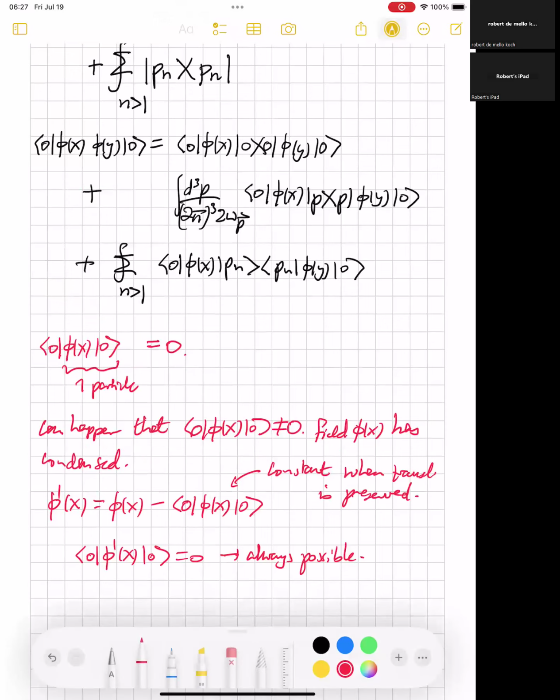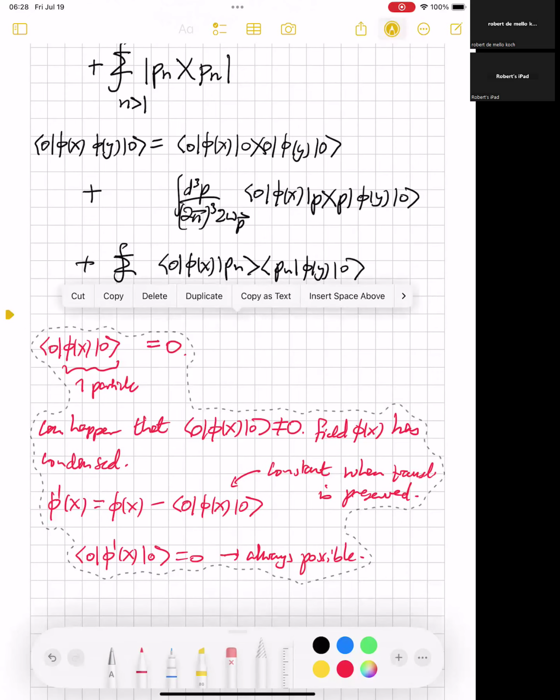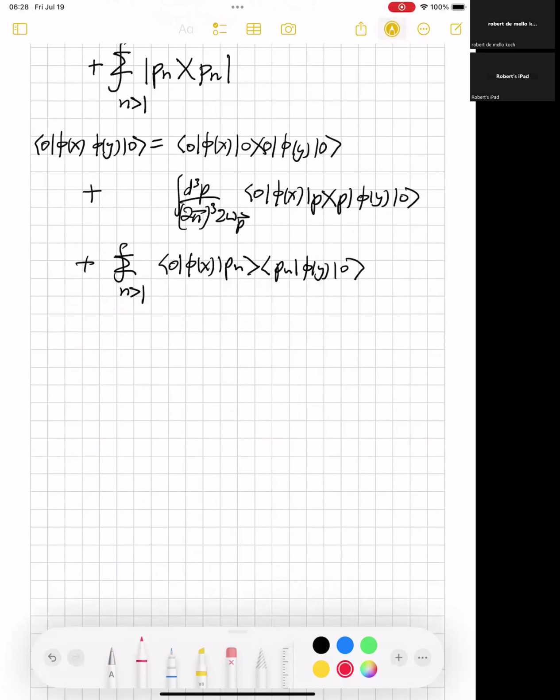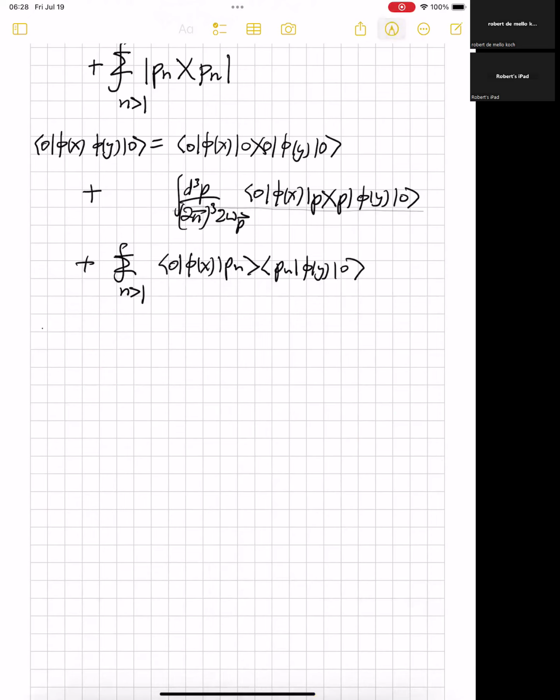Good. So this little discussion was just to motivate that under extremely general conditions, we can imagine that our field has a vanishing vacuum expectation value, and that is what I'm going to assume from now on. Good. Okay, so the first term is 0, then plus.